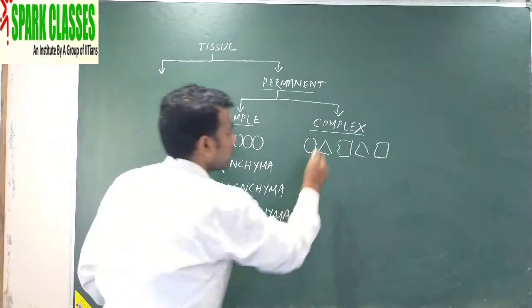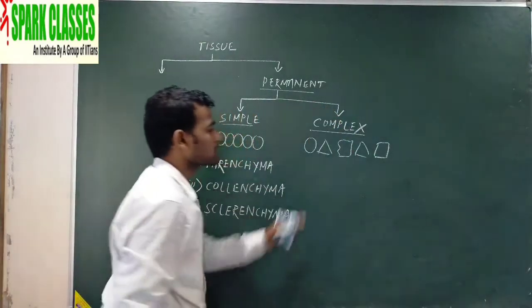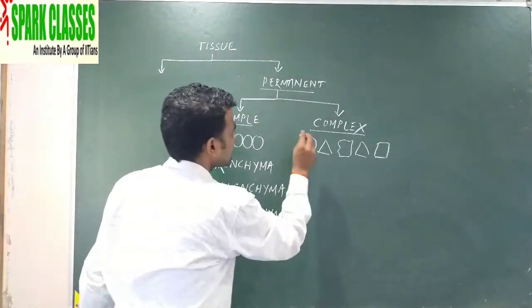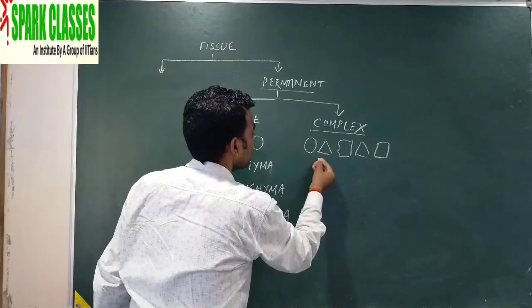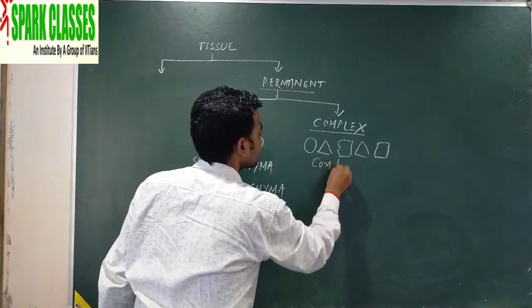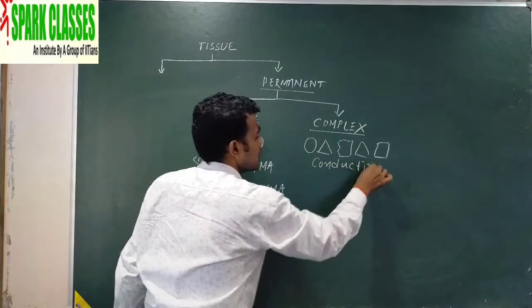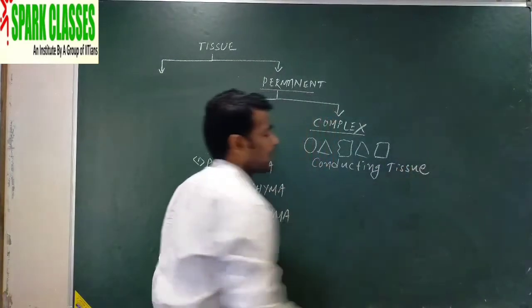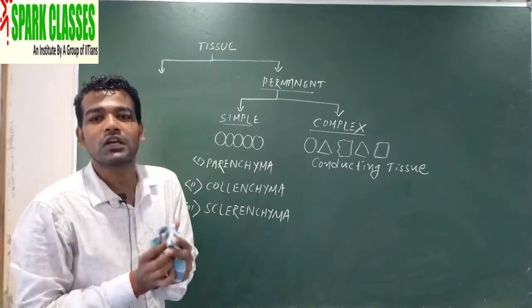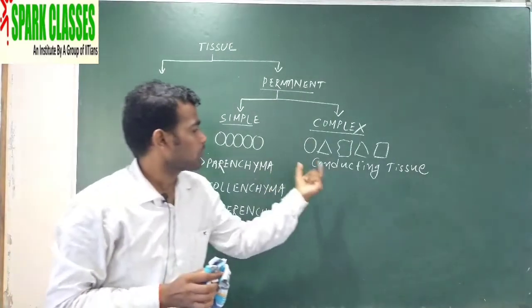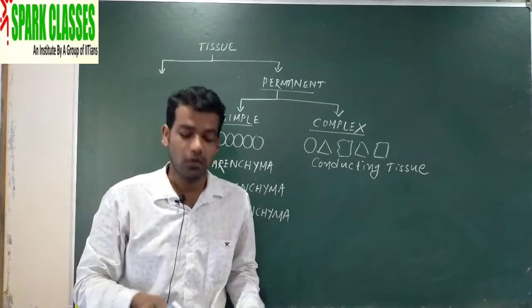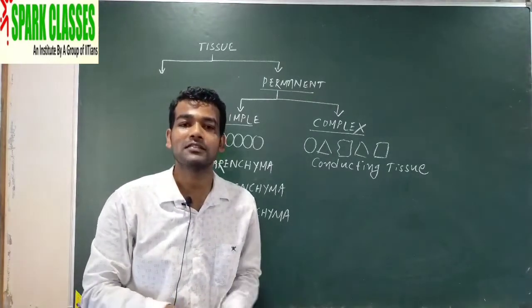But the complex permanent tissue is made of two or more kinds of cells. And the main example of complex permanent tissue is conducting tissue. What is the meaning of conducting tissue? Inside the plant body, those tissues which help in conduction of water and food. Just like in the animal body, conduction of blood takes place by arteries and veins.